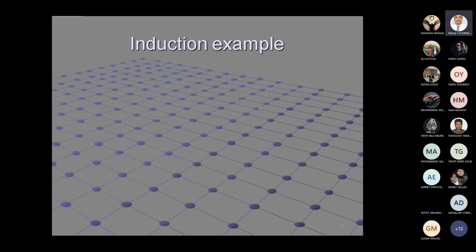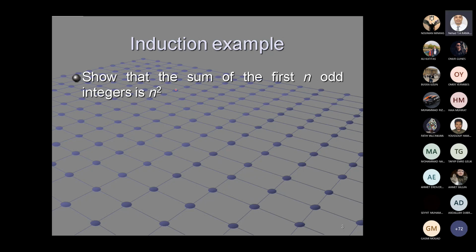Let's take an example. This example asks you to show, meaning prove, that the summation of the first n odd integers, from i equal 1 to n, of i is n to power 2.